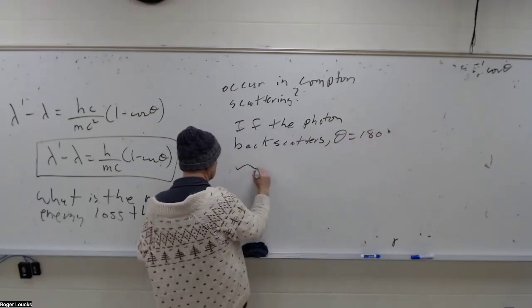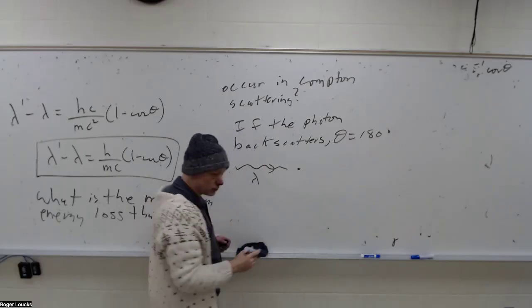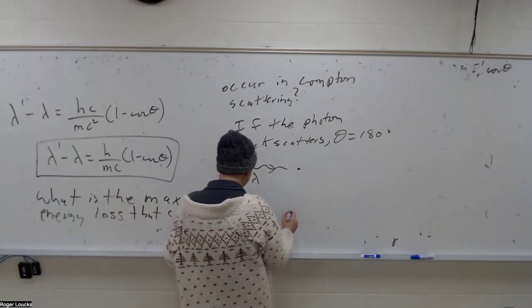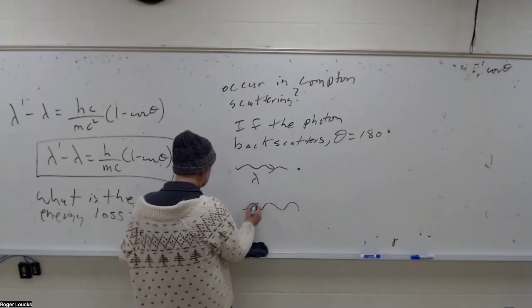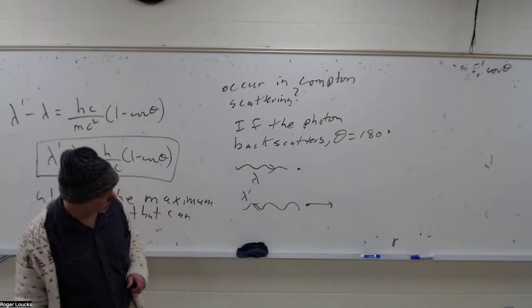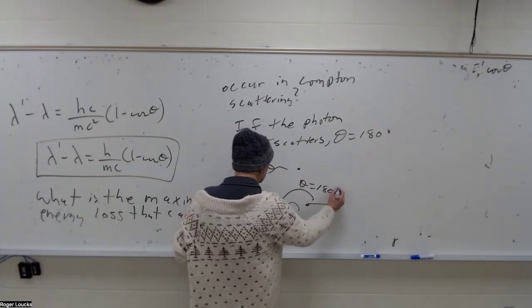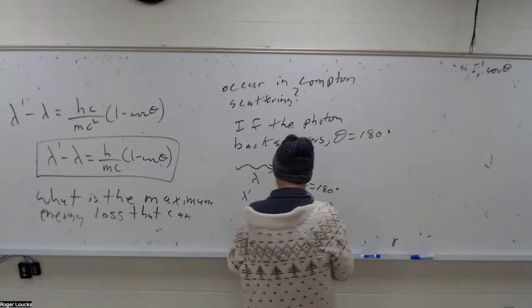So what are we having? We're having a photon coming in like this. This is our lambda. Here's a particle like that, and then the photon backscatters like this, and the particle goes off like that. In this case, the angle is 180 degrees.